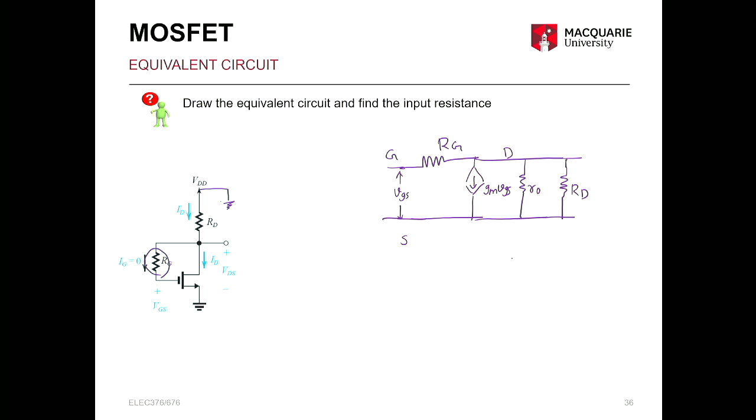So what can you say about the input resistance? If there was no RG, your input resistance is infinite because there is no current flowing into that MOSFET. So IG was 0. But because of this RG that connects from gate to drain, now you have an input resistance which is not infinite. How do you find it?